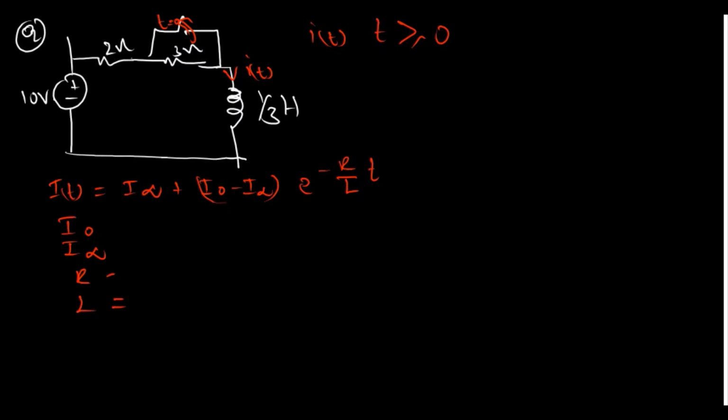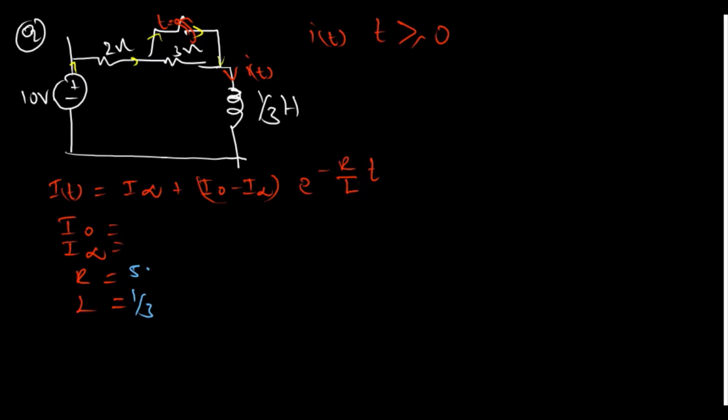We can easily find L, which we know is 1 by 3, and R we already know is 2 and 3 ohms, so this is 5 ohms. At t equal to 0, the current goes this way because the switch has been closed, and after t equal to 0, the switch has been opened.